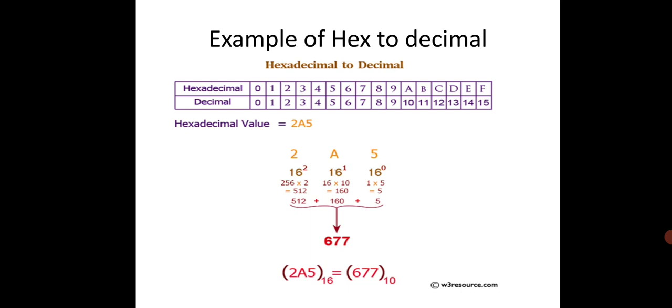Suppose in the exam the value is given as 2A5, and the instruction will be to convert the hexadecimal number system to decimal number system. At that time you have to follow these steps. You have to write down the hexadecimal value separately, that is 2A5.